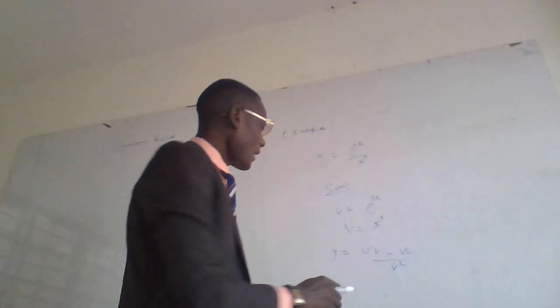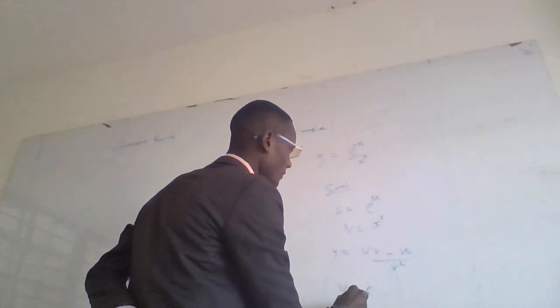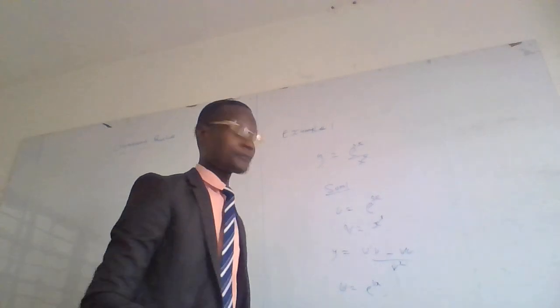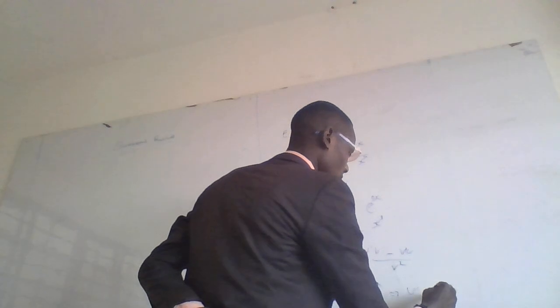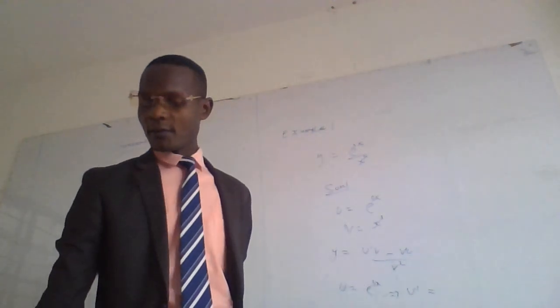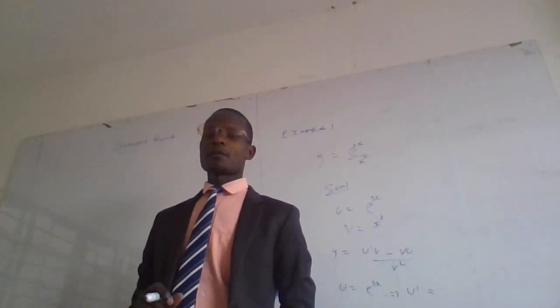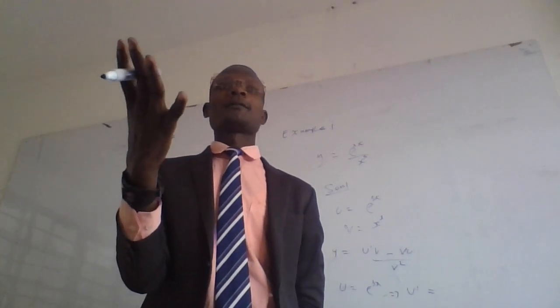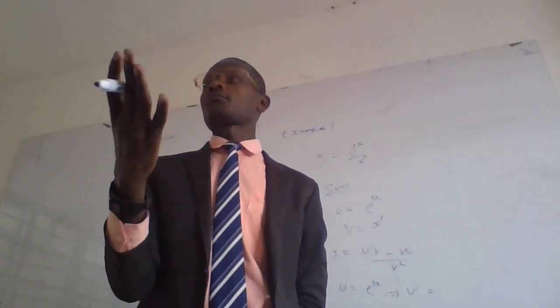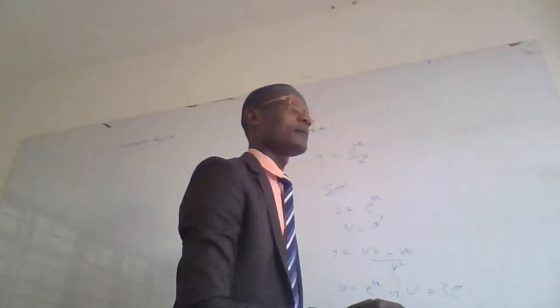divided by v squared. With this respect, what is our u? U is e to the 3x. What is the first derivative of u? Having gone through this class and done one example, it will be 3 e to the 3x.